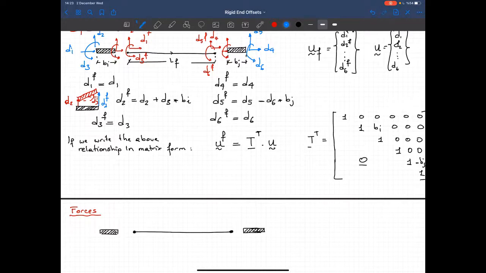So here, let's show the forces. I have axial force F1, F2, and F3, F4, F5, and F6.